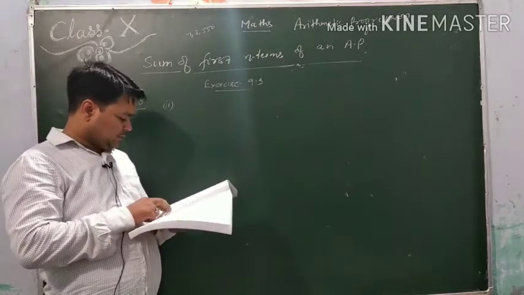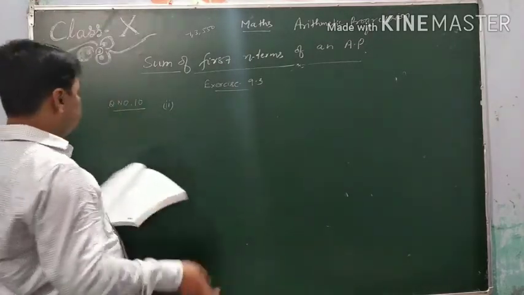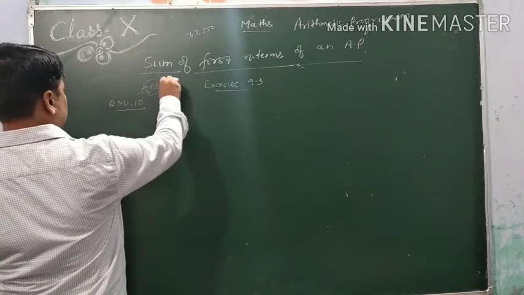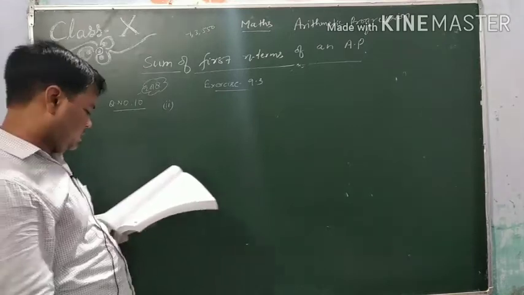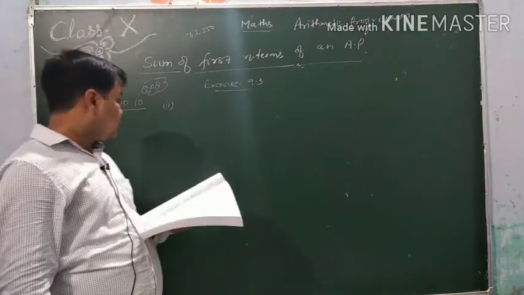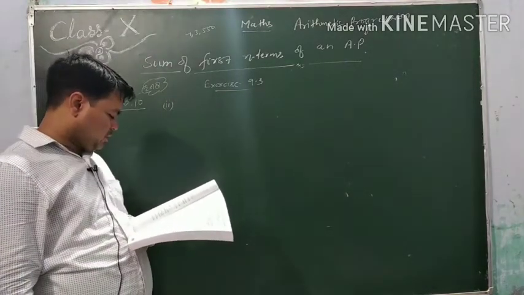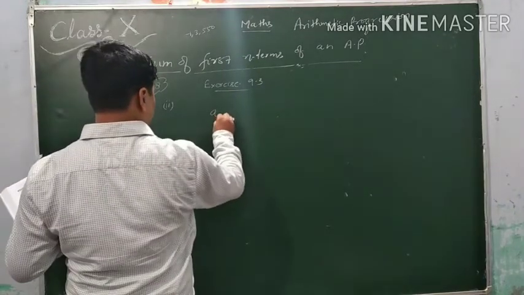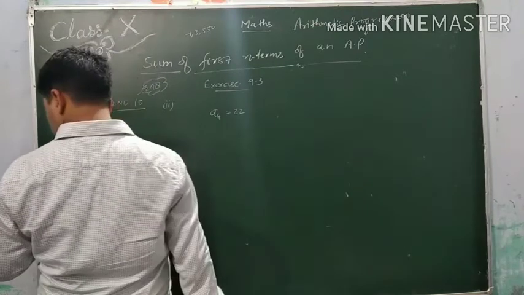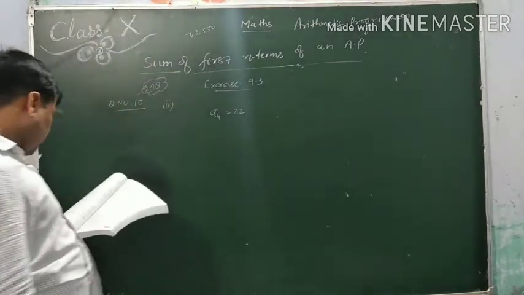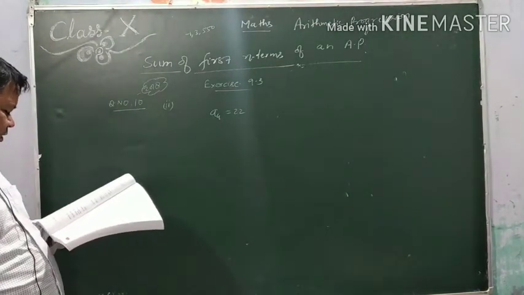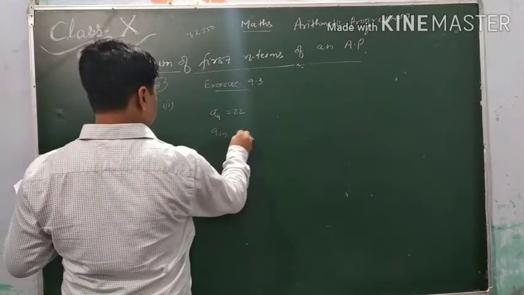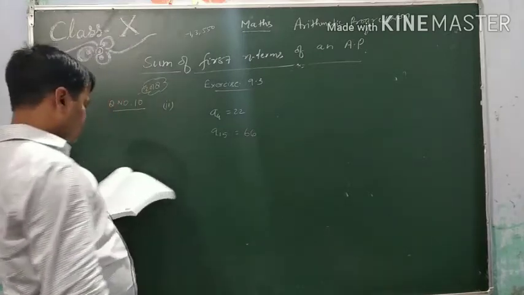Now question number 10, second part, which was asked in 2018. According to this question, the fourth term of an AP is 22, that is a4 is equal to 22, and the 15th term is 66, that is a15 is equal to 66.